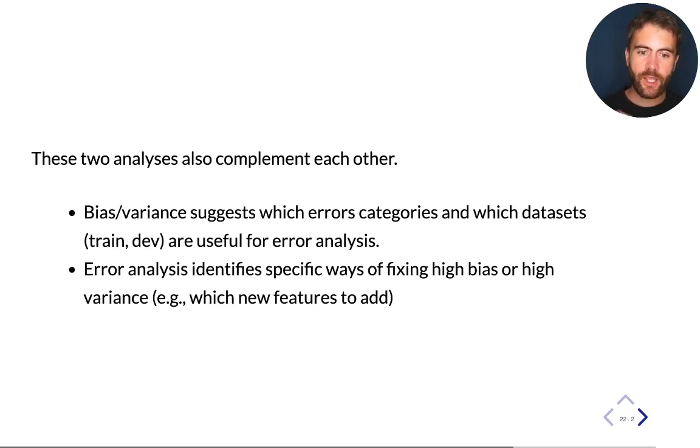And conversely, error analysis is useful for fixing bias and variance. For example, if we want to determine which features to add or which additional data we need to collect, do we collect images of dogs or cats or both, we can determine this using error analysis. So both methods are highly complementary.